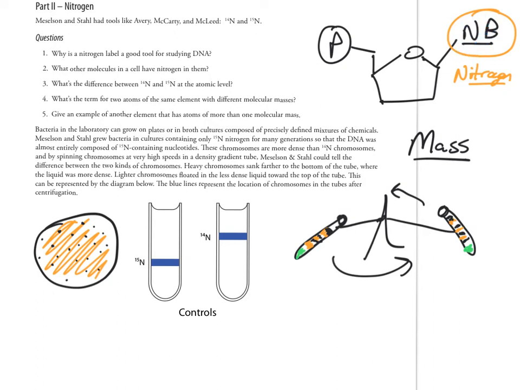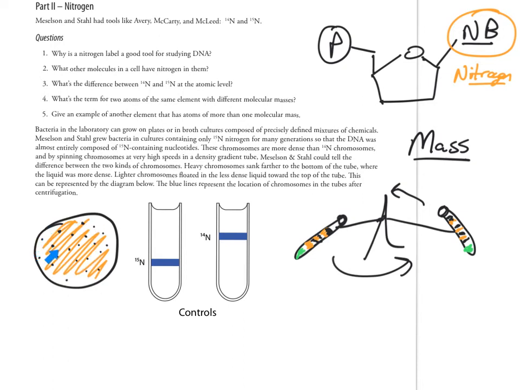That's why, to study DNA, you use isotopes, and that's what these are. This one's heavier, this one's lighter. Isotopes of nitrogen make sense, because then you can look to see which of the bases A, T, G, C are going where.